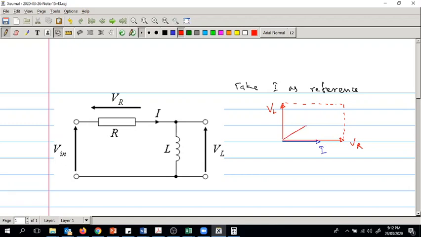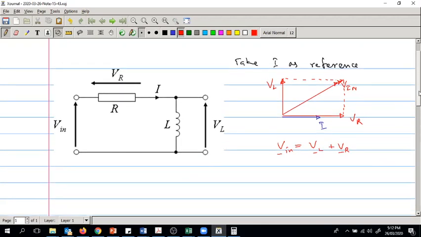So that's our V in. So V in is equal to VL plus VR, right? Now okay, we can do some mathematical calculations in here.